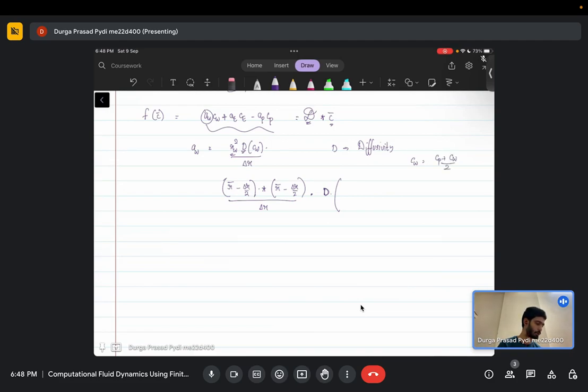So I can come up with a matrix capital A times C bar, where A can be written as, it has contributions from the west coefficient and the current coefficient.